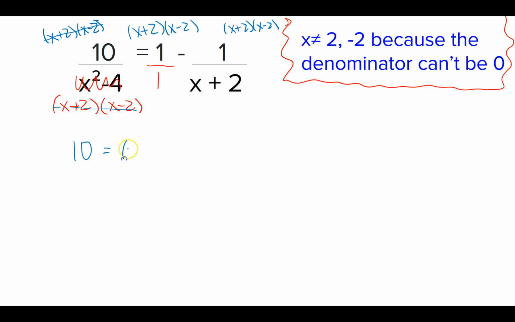So we still have x plus 2 times x minus 2. My last piece, my x plus 2 was already down here, so all I need is the 1 times x minus 2. So that shows why we can eliminate our denominators, because you're technically bringing it into both pieces, so that's why they get to cancel.